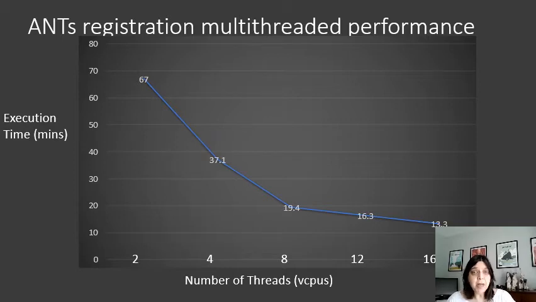But the performance may not be double. So here we can see the actual numbers from some timings that I took. And you can see here that after you get to 8 virtual CPUs, there's a kind of a flattening of the curve. So you certainly don't get at 16 vCPUs half the performance that you had at 8. Things level off.